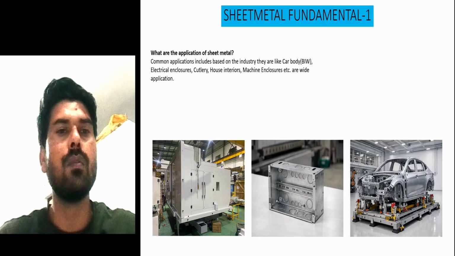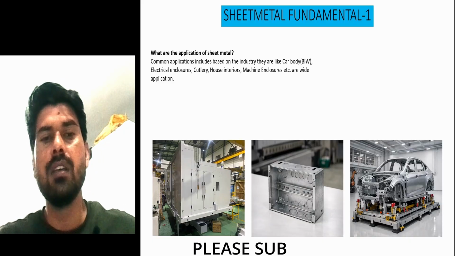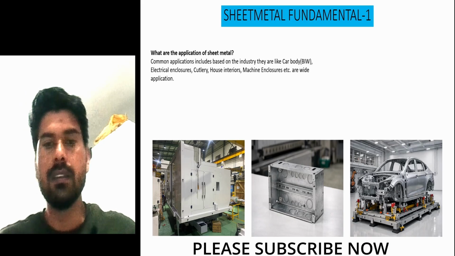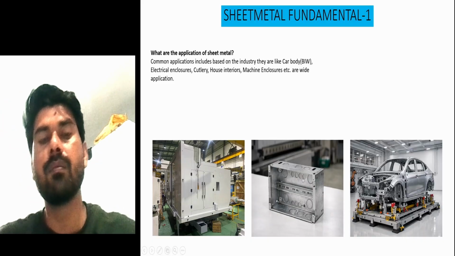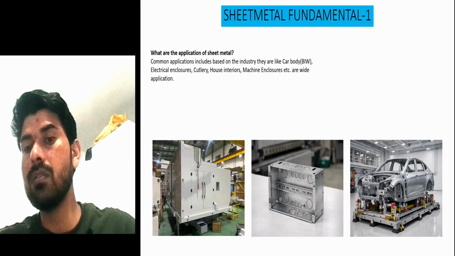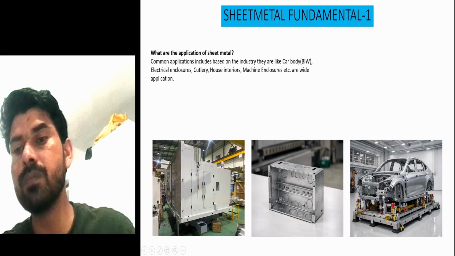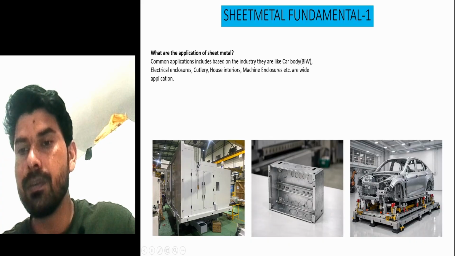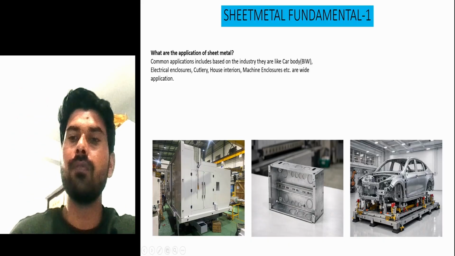Next is, what are the applications of sheet metal? As you can see in the attached images, in the center is an electrical enclosure, it may be an MCB box, and on the right-hand side is the car body, also called BIW, body in white. This is a very popular application of sheet metal.